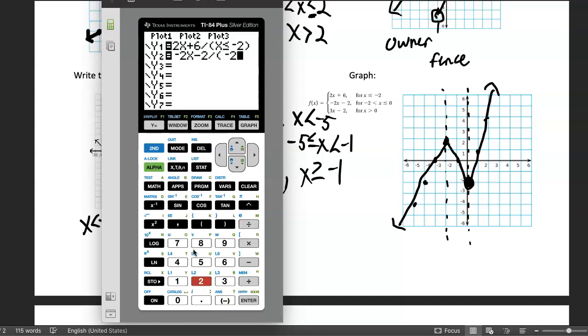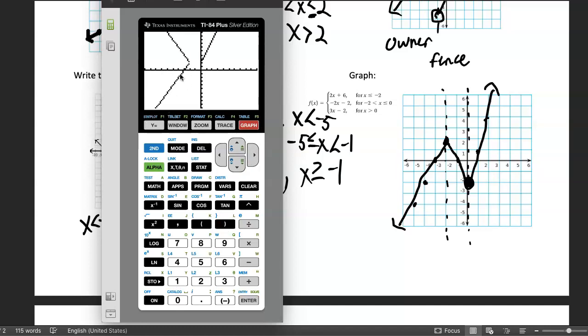We get minus 2 is going to be less than x, which is going to be less than or equal to 0. And then we get 3x minus 2, and divide instead of comma, x is greater than 0.